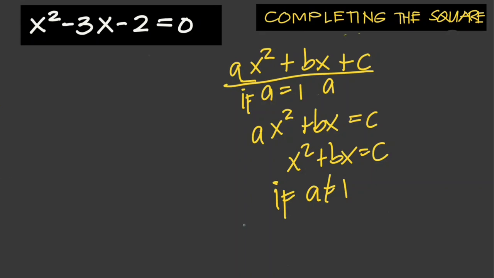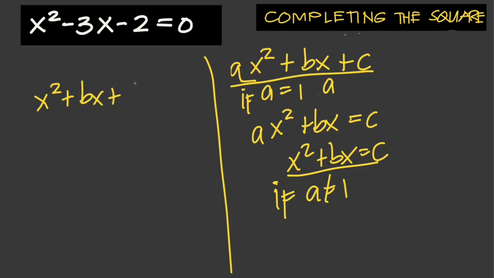And then after that, we write the equation in the form of x squared plus bx equals c. Then we add b over 2 squared to both sides of the equation. So that will become x squared plus bx plus the square of half of the middle coefficient, equals c plus b over 2 squared.